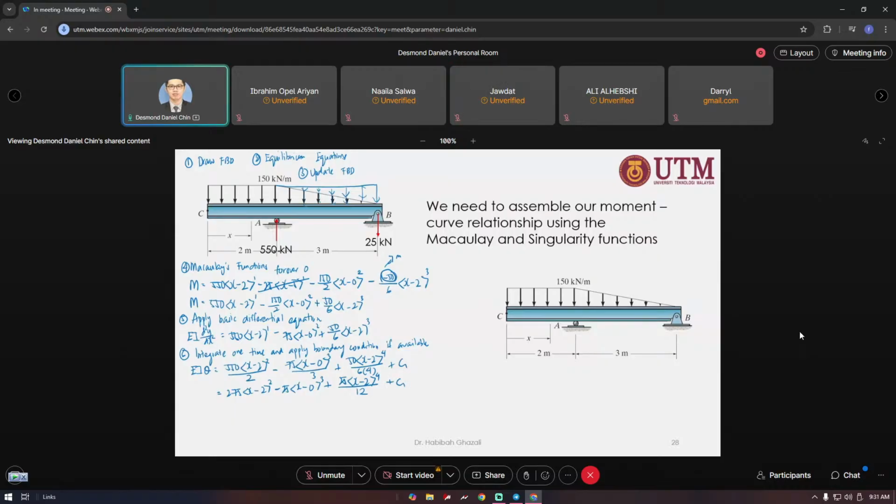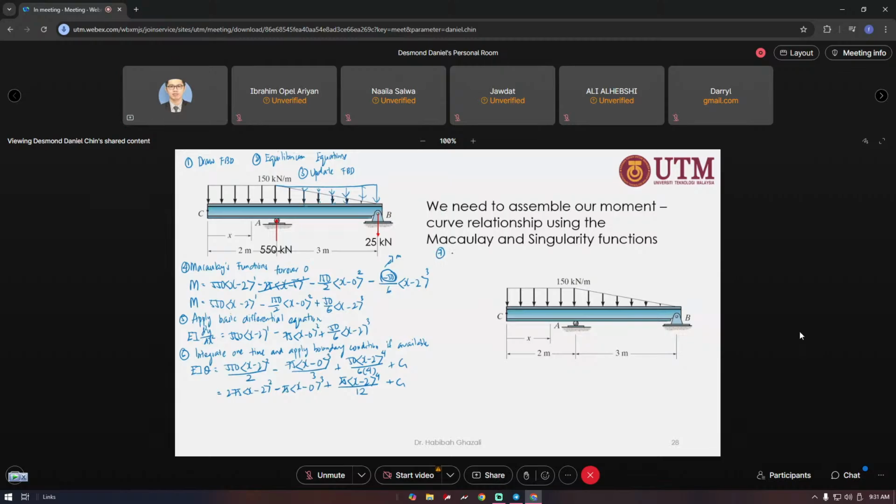So can I apply boundary condition in this case? No. No, correct. Because there is no fixed support, right? There is no boundary condition whereby your theta is equal to 0, right? So cannot. So therefore, we have to go for step 7. No choice.